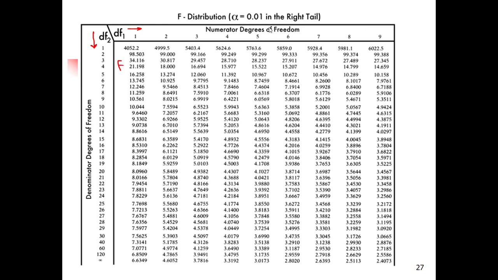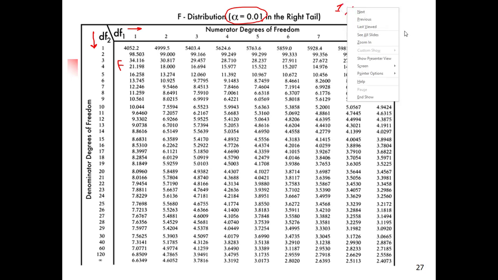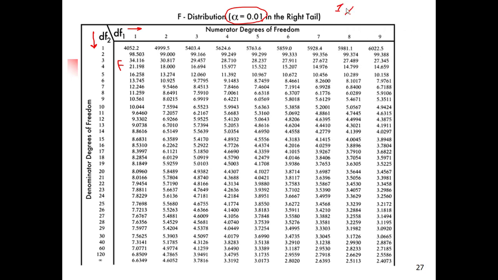This table is only for alpha significance level of 1%, or alpha 0.01 on the right tail. Alpha is the area on the right of the F. We will see this later in some examples.